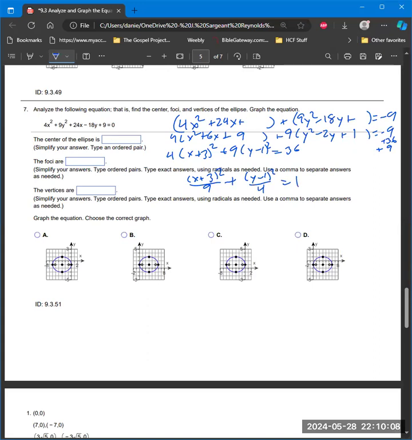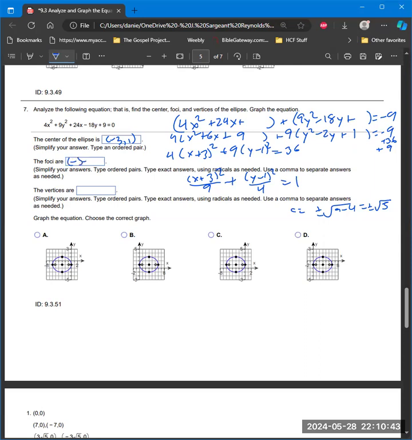Major axis goes in the x direction, and this is going to look sort of circular. So it's going to go 3 plus or minus 3 in the x direction, plus or minus 2 in the y direction from its center at -3, 1. Its foci are going to be at plus or minus √5 from the center, and we're moving in the x direction that amount.